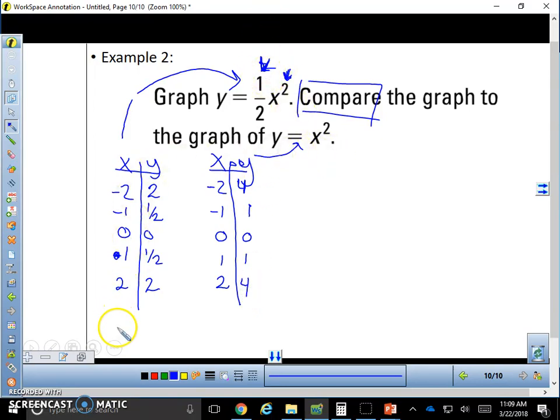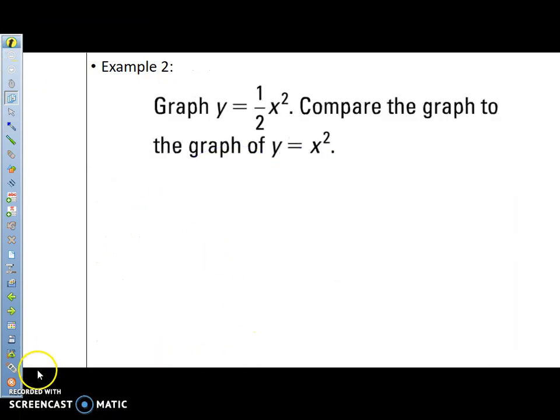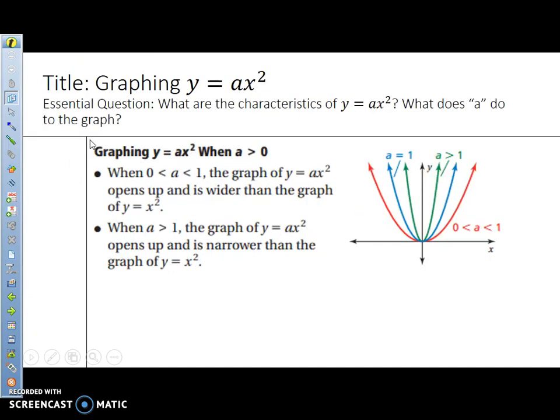A for our first one is less than 1. A for our second one is equal to 1. So let's go back to the beginning of our notes and look what happens when that is the case. When A is equal to 1, we have this normal average parabola.